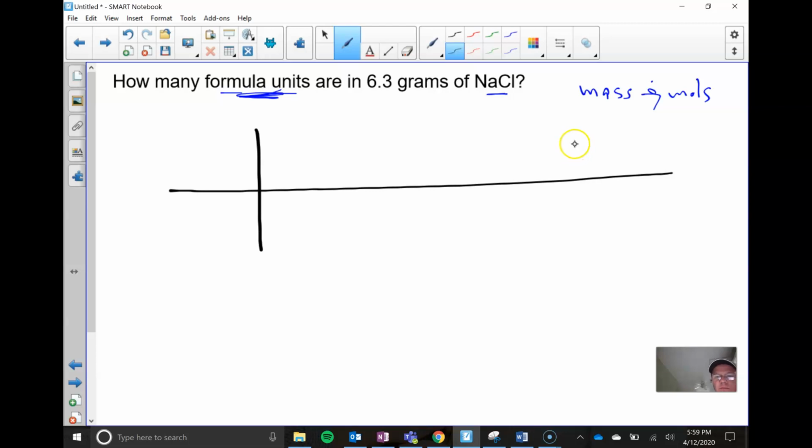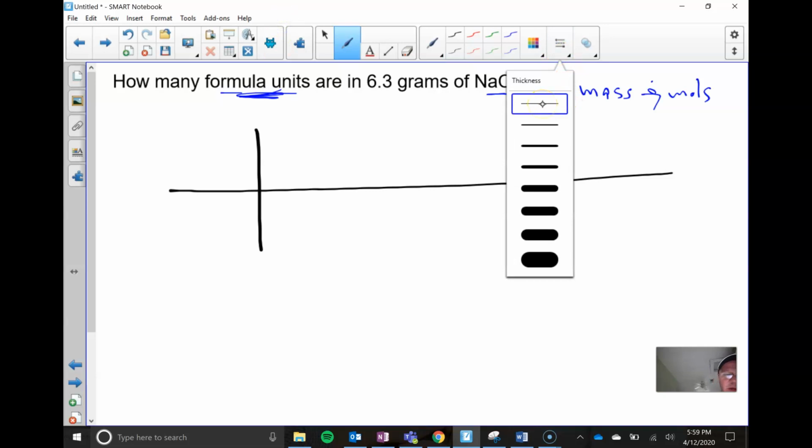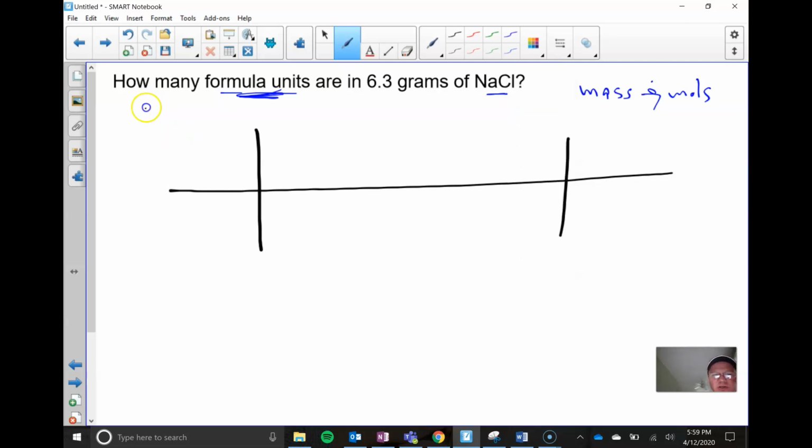Okay, I want to give myself plenty of room here. And I suggest you guys do the same. Again, as always, this first step never changes. In the top left, I'm going to put the information that I'm given. So in this case, 6.3 grams of sodium chloride.